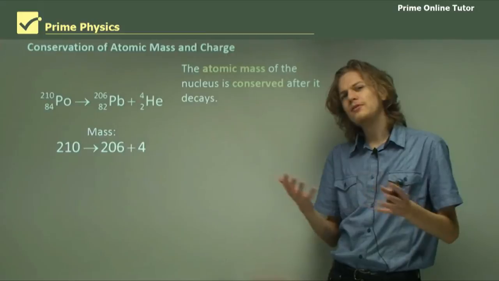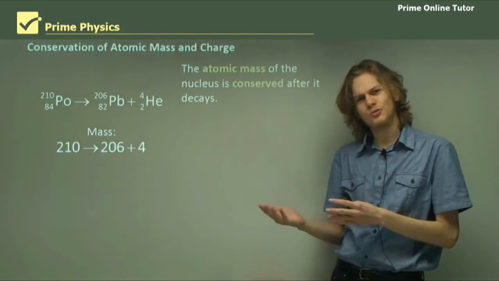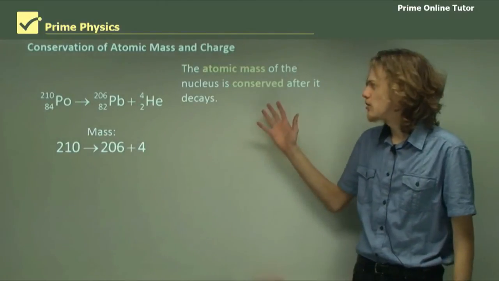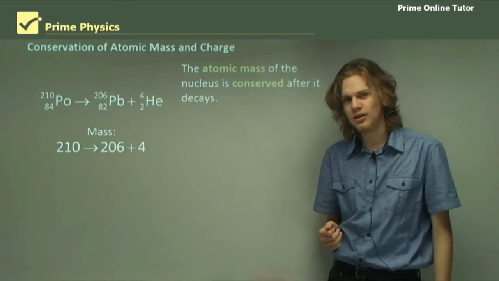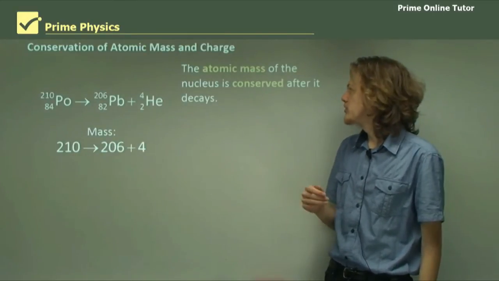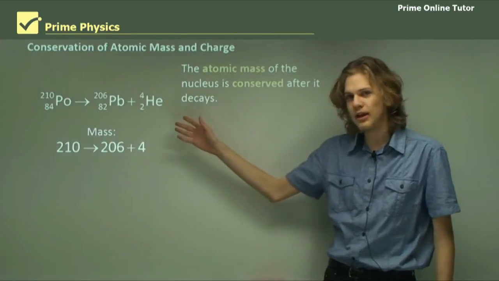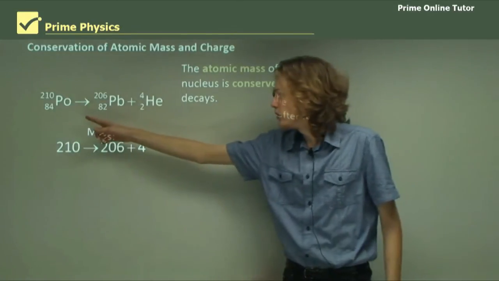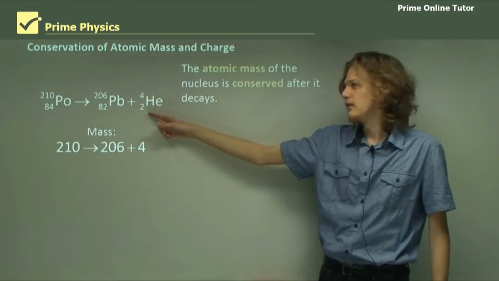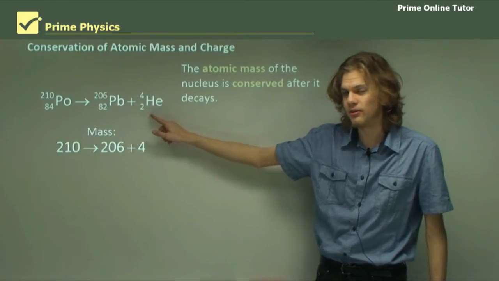So how do you figure out what transmutes into what? Well, we use conservation of mass and conservation of charge. The atomic mass of the nucleus is conserved after decays. We have here an equation of decay, polonium turning into lead, and a helium nucleus, which is an alpha particle.